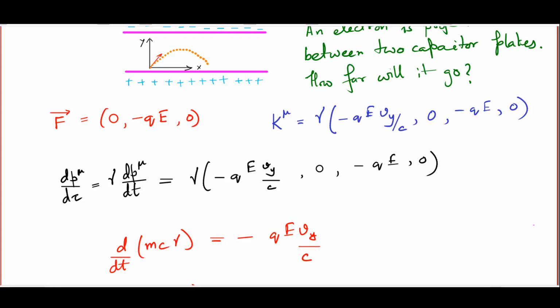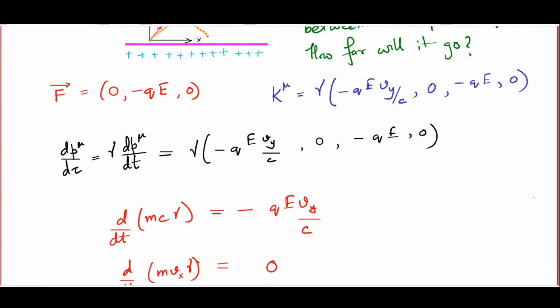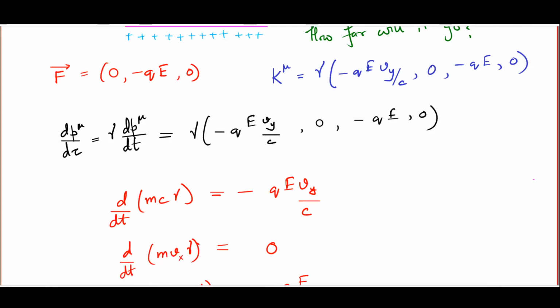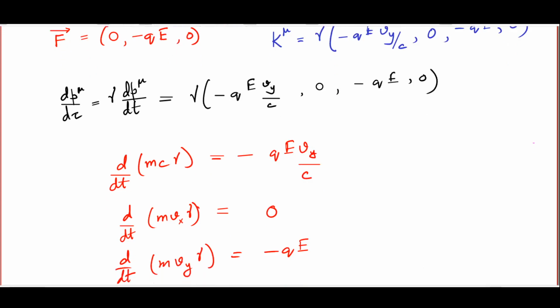So we are just going to stick to the time component and the x and the y component. The time component equation simply becomes d/dt of mcγ, or d/dt of E by c, is minus qE v_y by c. Well, the other 2 components are pretty straightforward. d/dt of mv_xγ is 0 and d/dt of mv_yγ is minus qE.